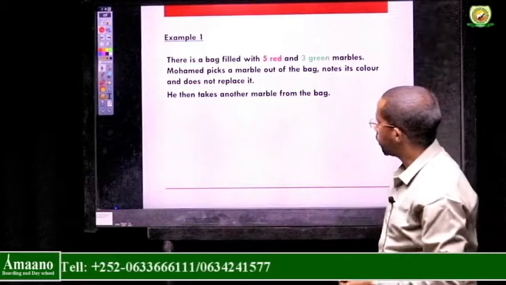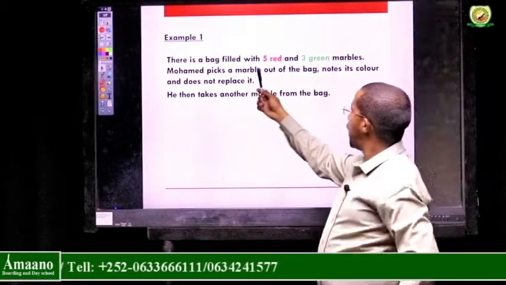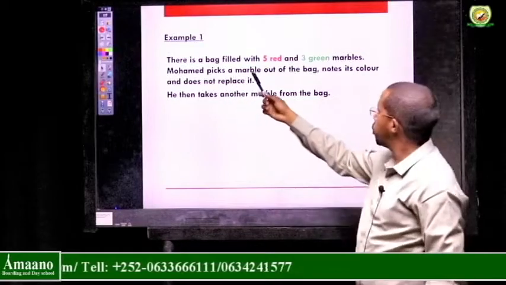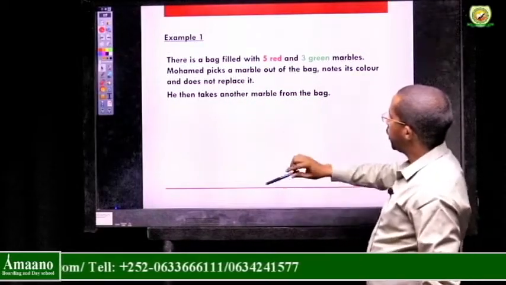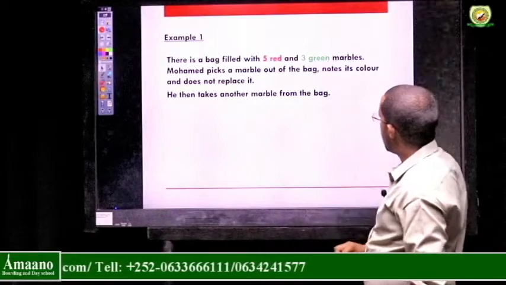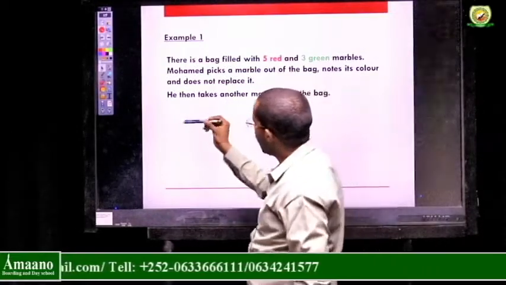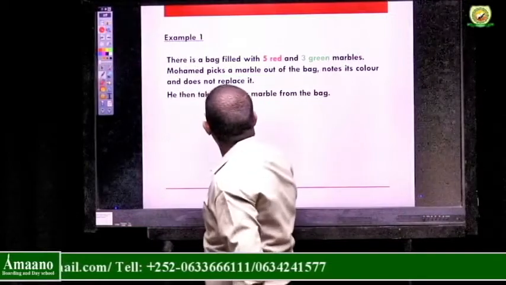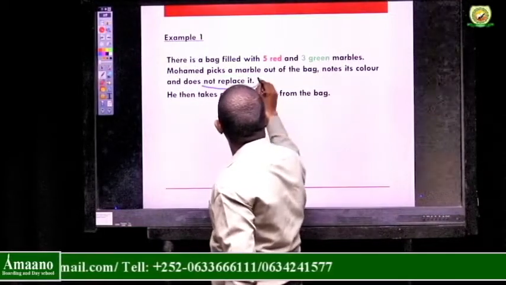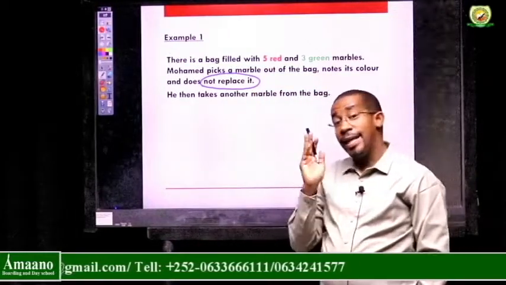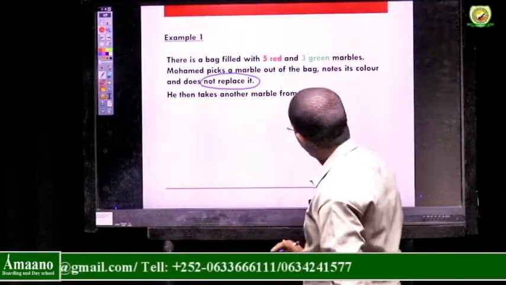In this example, we are told the bag has 5 red marbles and 3 green marbles. Mohammed picks a marble out of the bag, notes its color. You see now? This is the important statement. Mohammed does not replace.